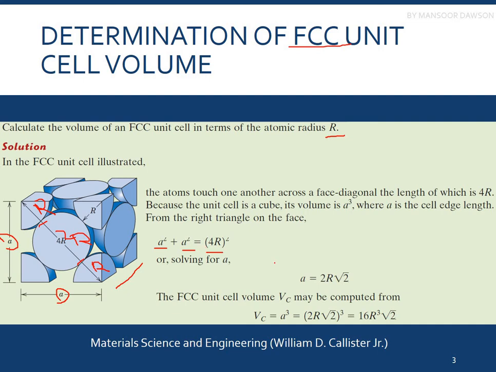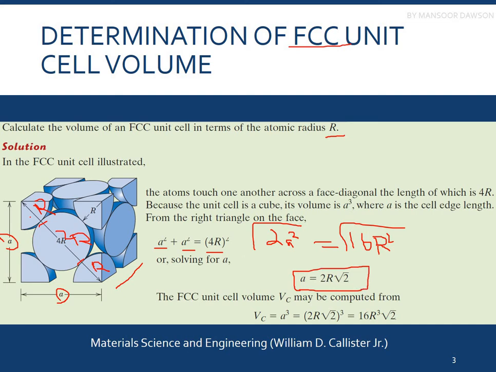Solving this, we get 2a squared equal to 16r squared. Taking the roots on both sides and simplifying, we get the lattice constant a equal to 2r root 2.